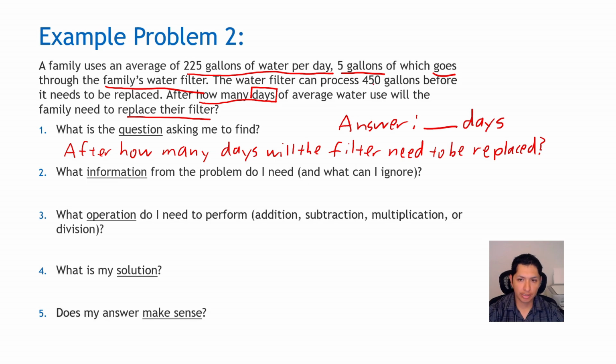And the water filter can process 450 gallons before it needs to be replaced. So the information that it provided me is 225 gallons of water per day are used, 5 gallons of those 225 gallons go through the family's water filter, and the water filter can process 450 gallons before it needs to be replaced, right?